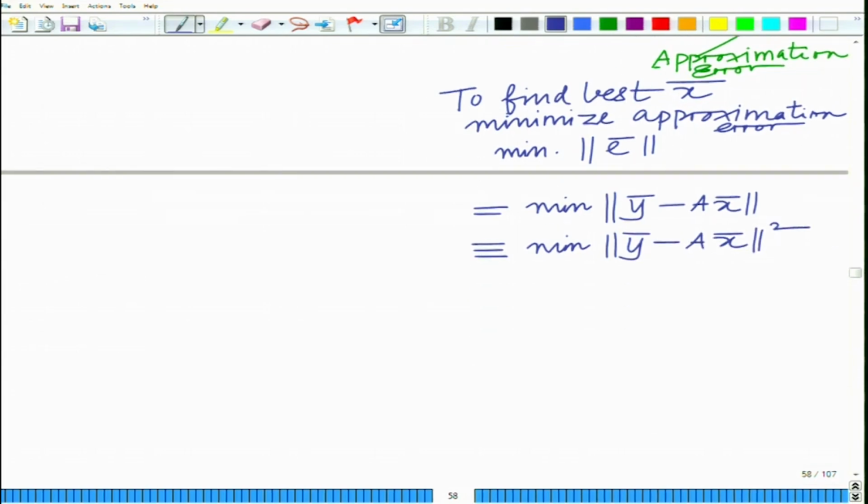In this problem you are minimizing the 2 norm square, the L2 norm square, so this is the vector x bar which gives you the least squared error norm.